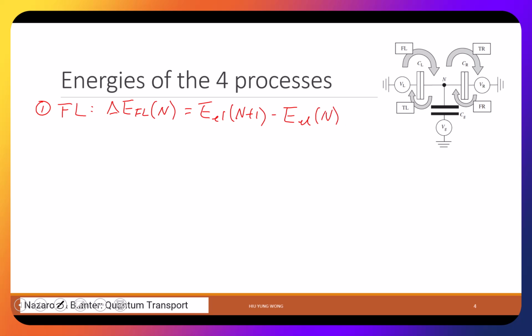But at the same time, there's work done by putting this one extra electron through this voltage gate. So you have this one, minus EVL. Okay? So this is the energy difference. If I manage to tunnel one electron from the left into the quantum dot, I need to provide this amount of energy. It can be positive or negative.